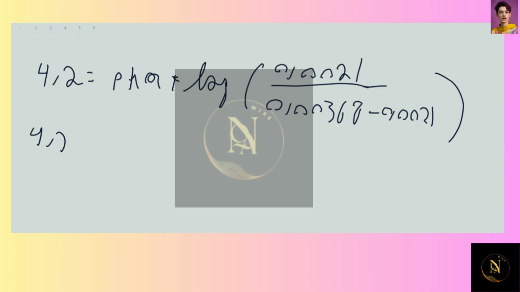So 4.2 is equal to pKa plus 0.97, and pKa is equal to 4.1.